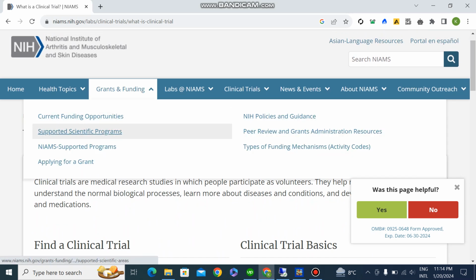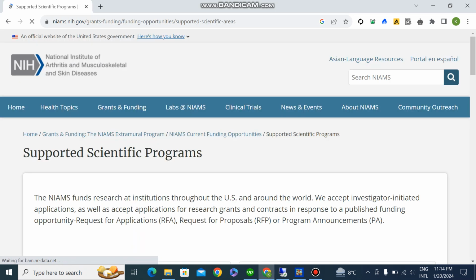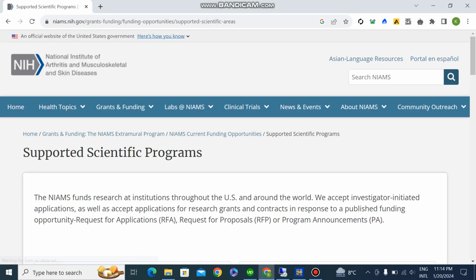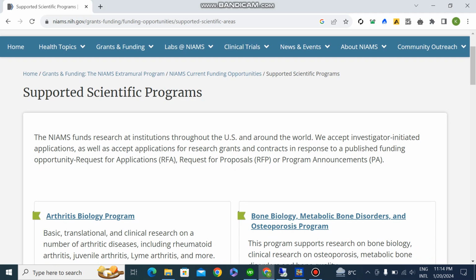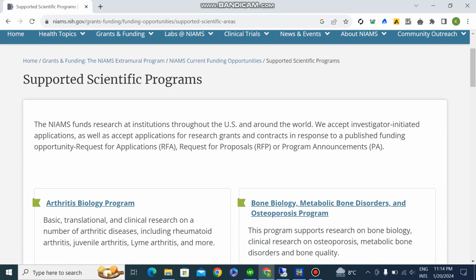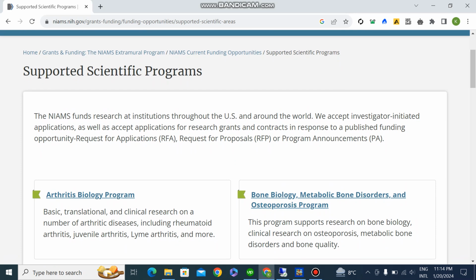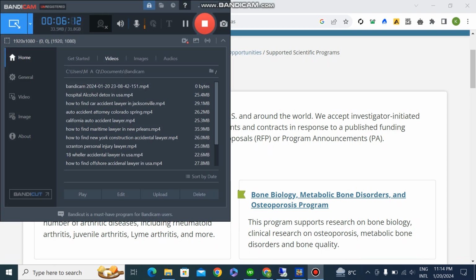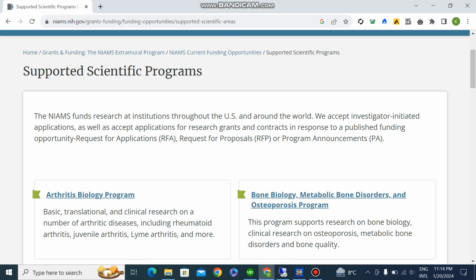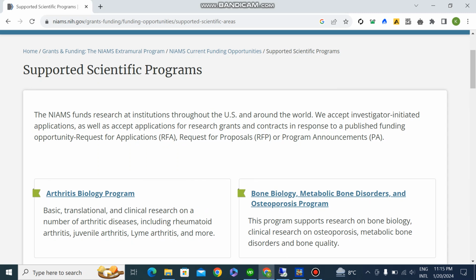Supported scientific programs. The NIAMS funds research at institutions throughout the US and around the world. We accept investigator-initiated applications as well as applications for research grants and contracts in response to a published funding opportunity, request for applications, request for proposals or program announcements.